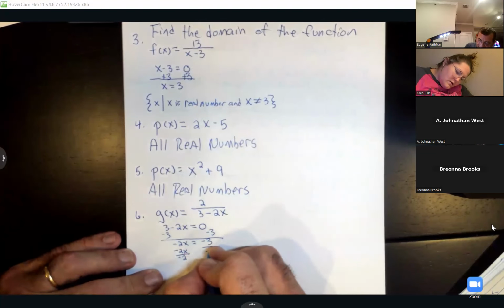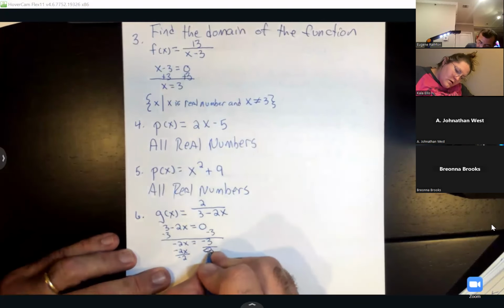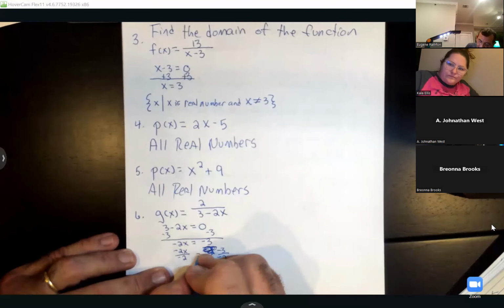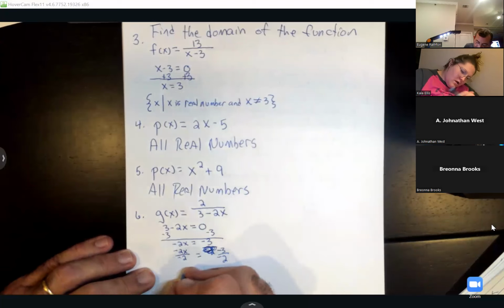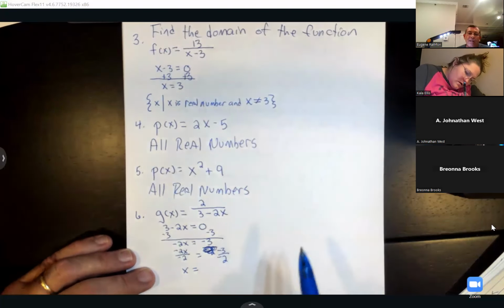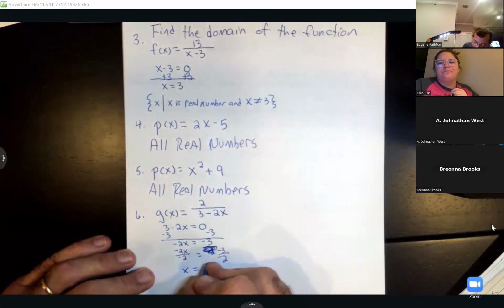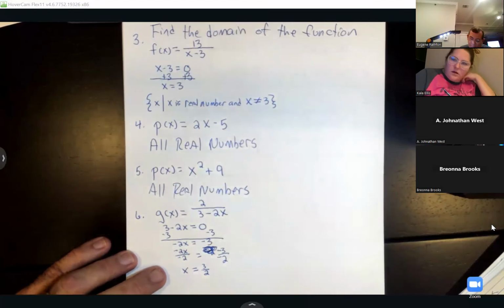So divide them both by that negative 2. Negative 3 divided by negative 2. These x's cancel, these negative 2's cancel, you got your x. So what's a negative 3 divided by negative 2? Them two negatives will make that positive. Good job. So we got x equals 3/2 for our solution.